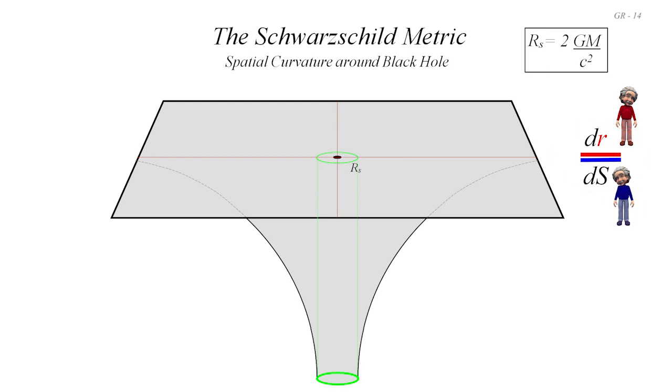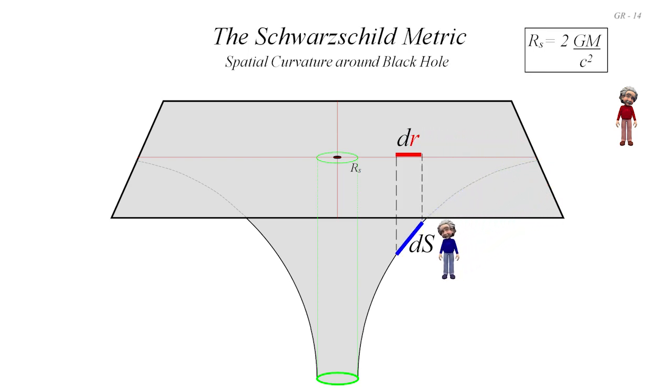On the other hand, as the rod and blue observer slowly approach the event horizon of the black hole, the space-time becomes distorted, and so here, even though the blue observer sees or measures no change in the length of the rod, the outside red observer measures its length dr to be smaller.